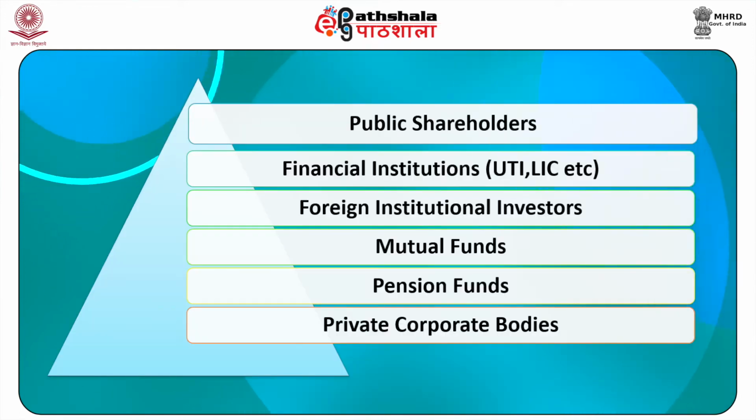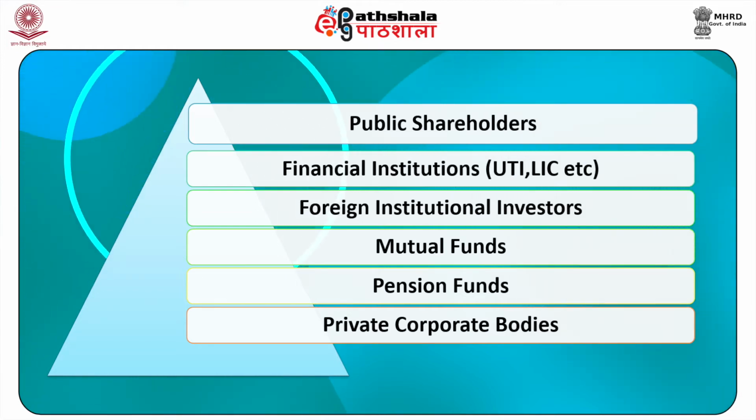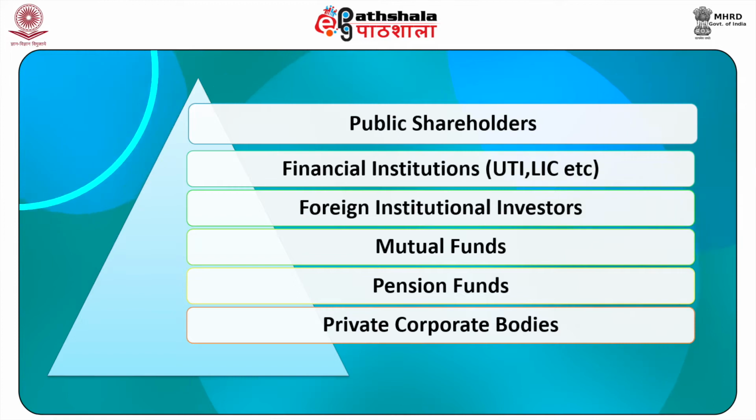The main investors in the financial market include public shareholders, financial institutions like UTI, LIC, etc., foreign institutional investors, mutual funds, pension funds, private corporate bodies, promoters of corporates, their friends and relatives, NRIs. Public shareholders are often called retail investors. So, we have different kinds of investors which may approach the financial market.